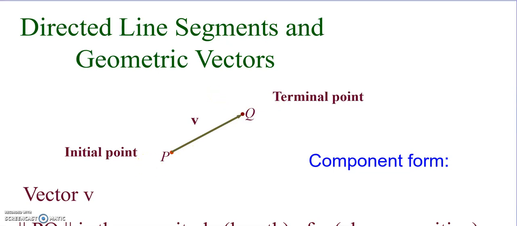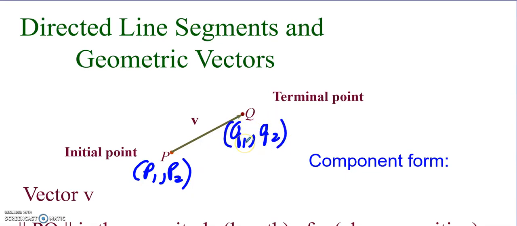I can think of this as the coordinate point p1, p2, and I can think of this as the coordinate point q1, q2. And so I could call this vector PQ with the vector symbol. We won't really be using that notation that often, but that is something we want to understand.